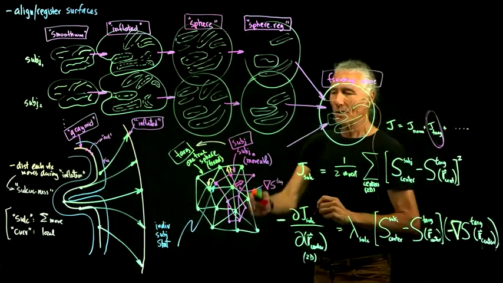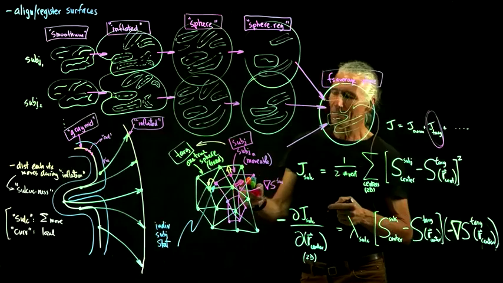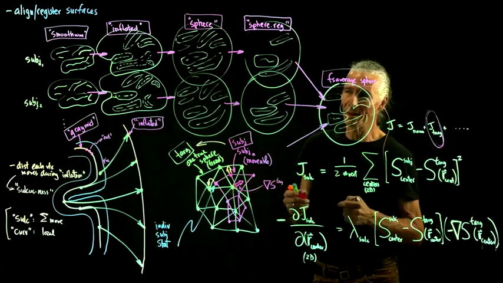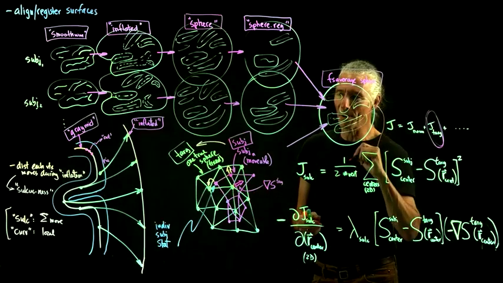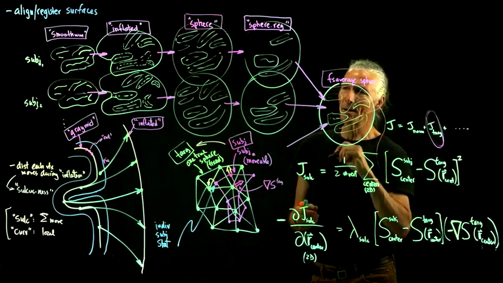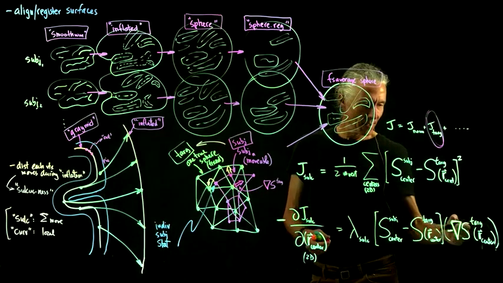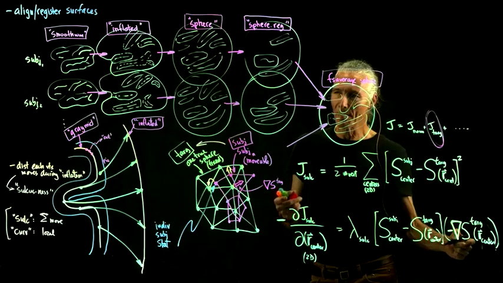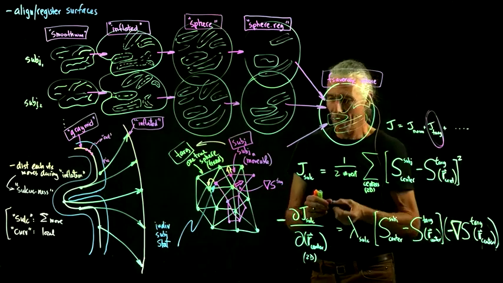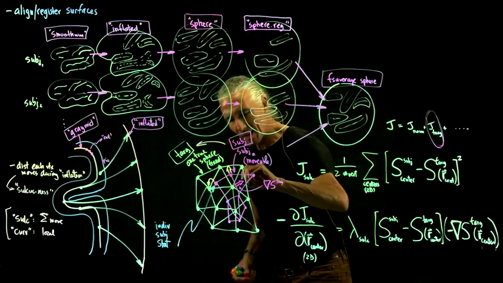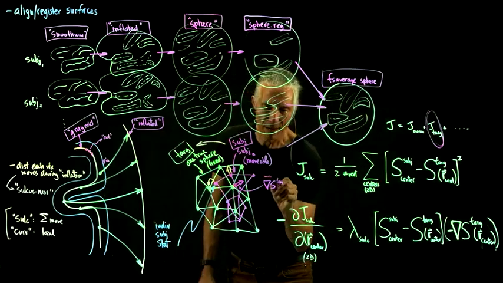I'll talk on Friday at 8 a.m. about completely writing out a gradient so you can see what it is. What this gradient operator does is it turns sulcusness, which is just a number, into a vector. So this is a gradient vector.